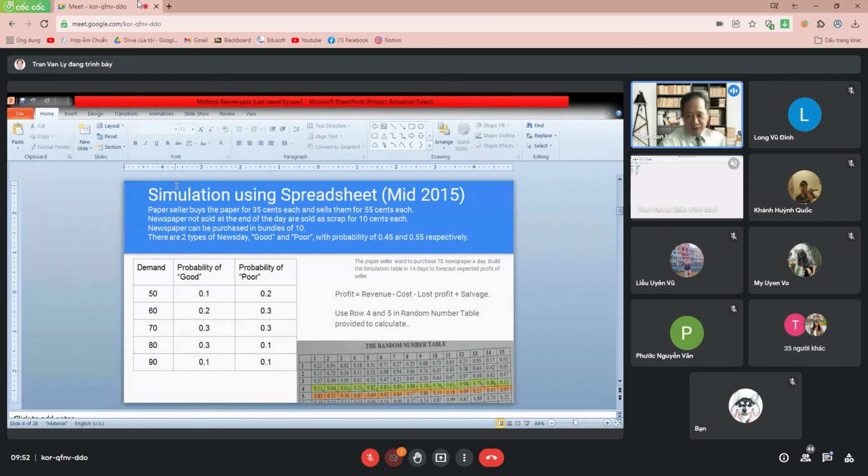So everything you write on the paper sheet. In this case, you buy a newspaper. The price is 35 cents, and sell at 55 cents. Okay?